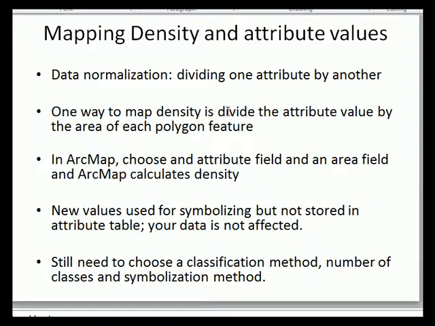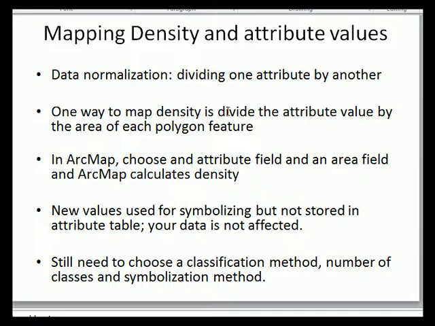To map density, we use data normalization. Data normalization is basically dividing one attribute by another. One way to map density is to divide the attribute value by the area of the given polygon feature. In ArcMap, you choose the attribute field and an area field, and it automatically calculates the density.